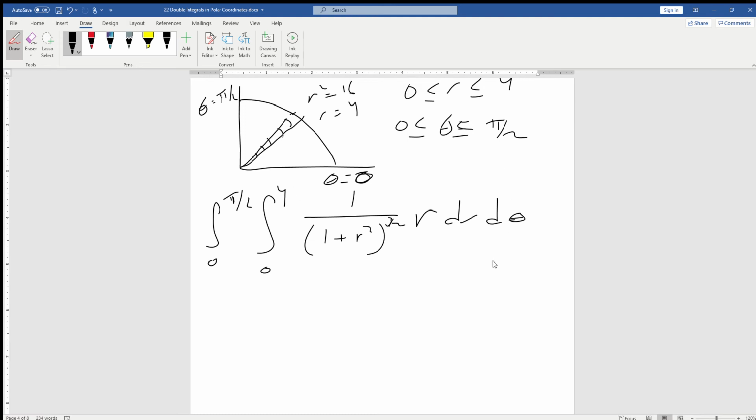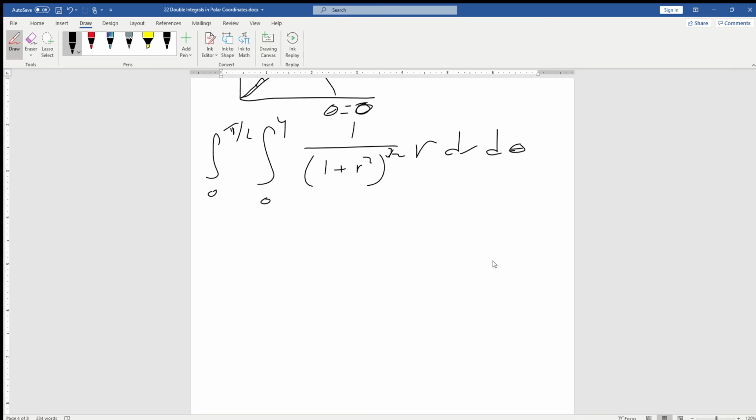Next, we're going to prepare this for integration. We can split it up into two separate integrals because all of the bounds are constants: 0 and 4 is a constant, 0 and pi halves is a constant. So let's rewrite it as such. I get the integral from 0 to pi halves of just d theta, which isn't too bad.